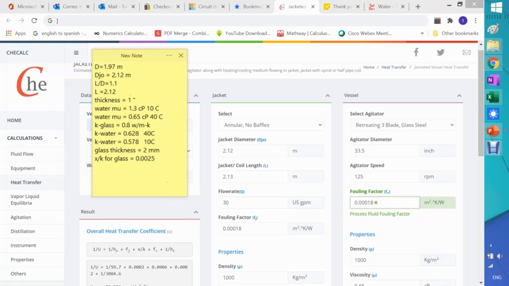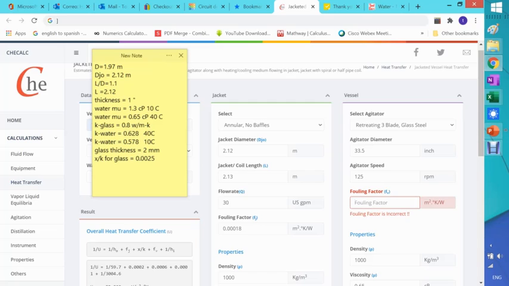If I do the calculation here, just for illustration, it would be like taking the thickness of the glass, which is 0.002, and dividing that by the thermal conductivity of glass, which is 0.8. Actually that's not a fouling factor, but it will be like the correction that you need for the conductivity of the glass, or the heat conduction.